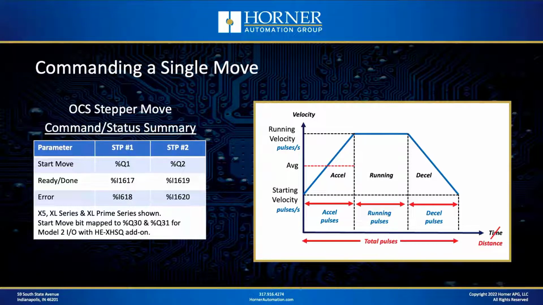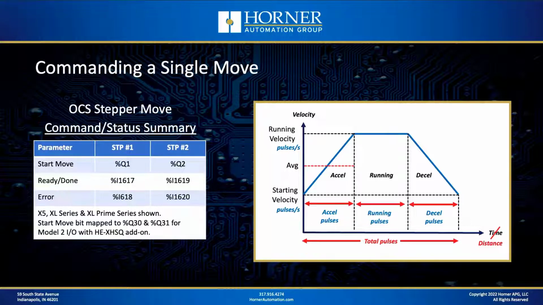You're also going to want to monitor status coming back from the stepper functionality in the OCS, and that's coming back through 2 bits. For stepper number 1, it's I1617 and I1618. That first bit is a ready/done bit that tells you when the stepper function is ready to go. It also tells you when the stepper function has completed the move or is done.